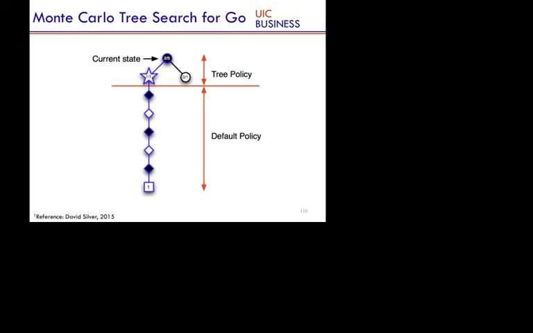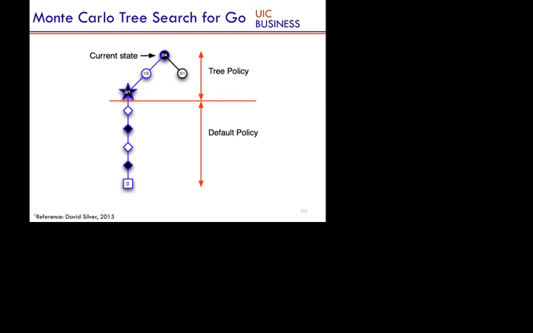When you did this, as I said before, you're now going to introduce the next board configuration as part of your in-tree. I didn't show that for the previous runs, but now you're going to introduce it. Basically, here you're going to choose directions based on the Q values.